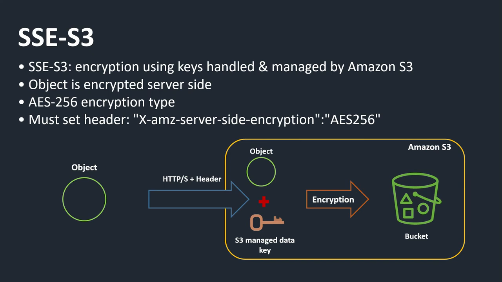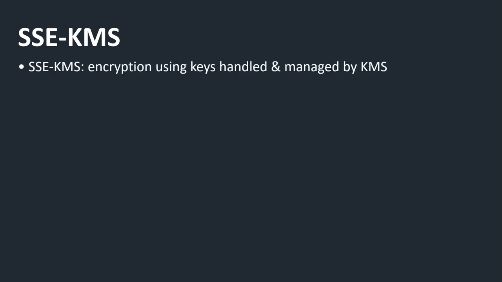Okay. Next, SSE-KMS. We have not seen what KMS is right now. We will see it pretty much toward the end of this course on the security side, but KMS is Key Management Service, which is an encryption service for you. So SSE-KMS is when you have your encryption keys handled and managed by the KMS service.